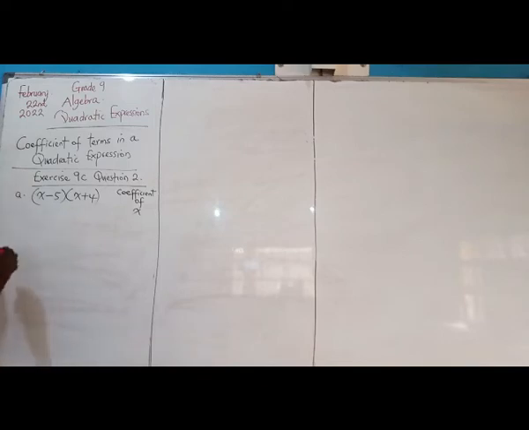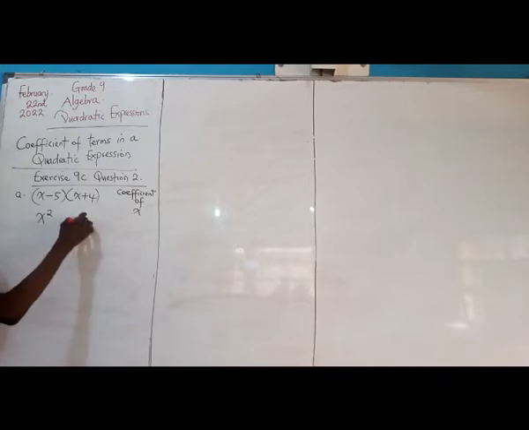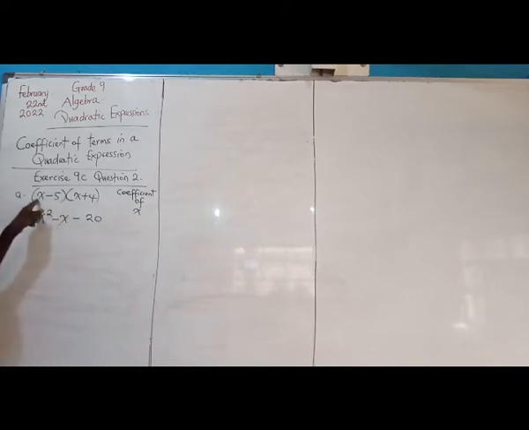So we go with our Starboy concept, and this will be x squared minus 20 minus x. How did I get that? 4x minus 5x will give me negative x.